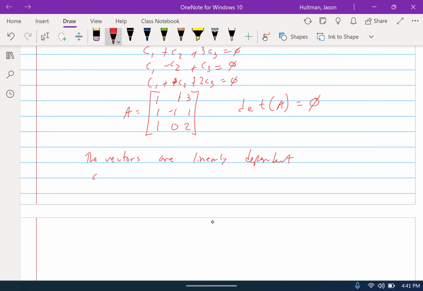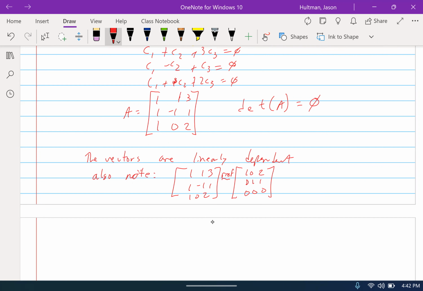Also note that the matrix 1, 1, 3, 1, -1, 1, 1, 0, 2 becomes 1, 0, 2, 0, 1, 1, 0, 0, 0 after RREF.